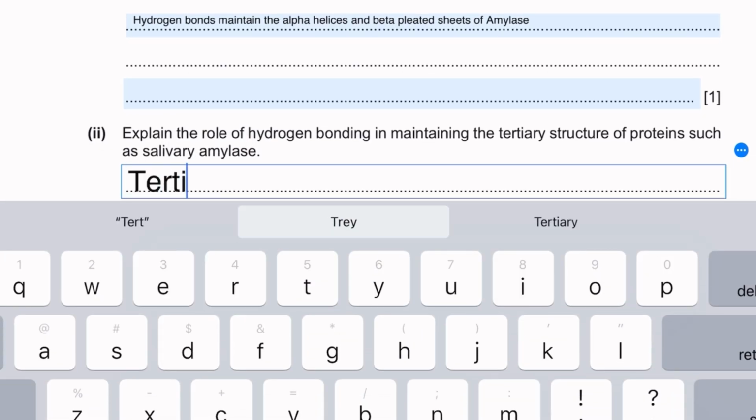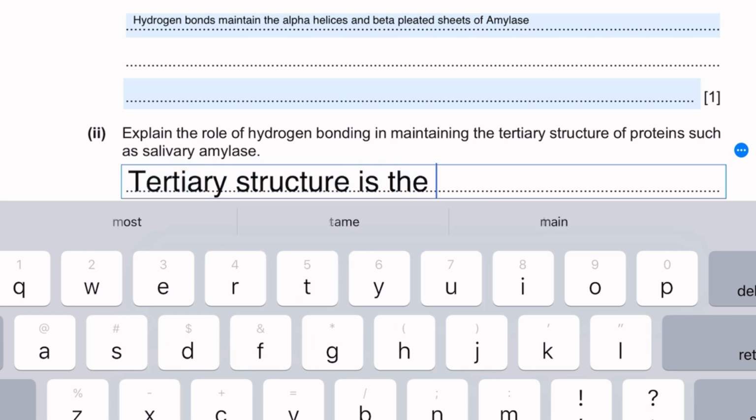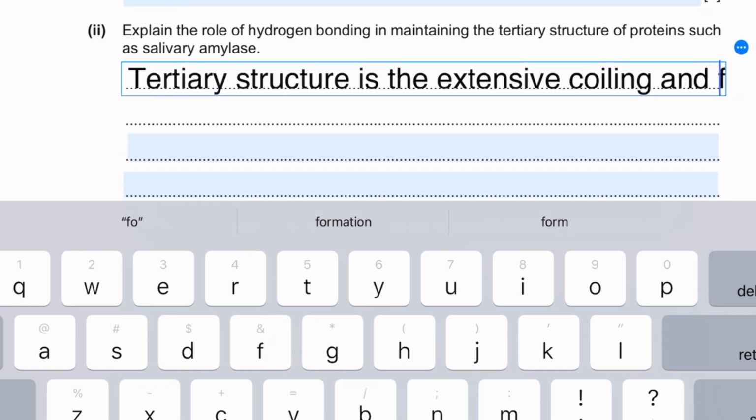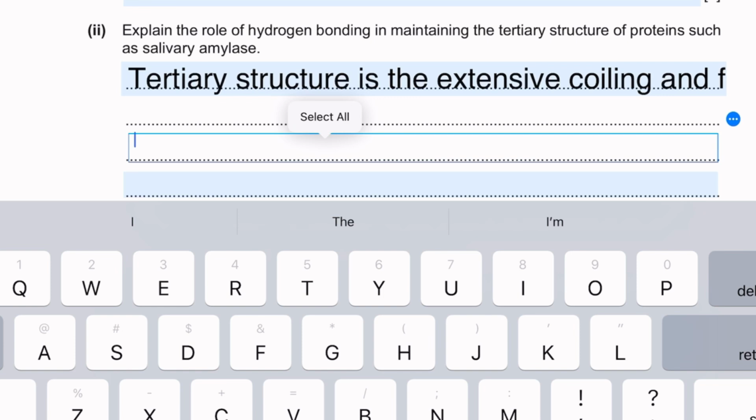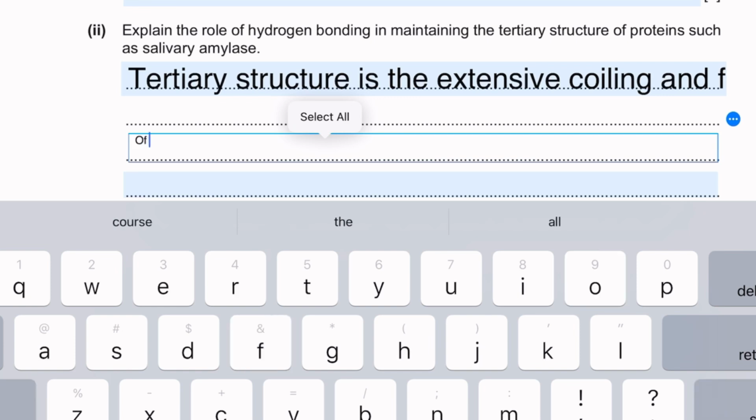Firstly, what's a tertiary structure? Tertiary structure is the extensive coiling and folding of a polypeptide chain upon itself, forming a 3D structure, which is maintained by things like hydrogen bonds.